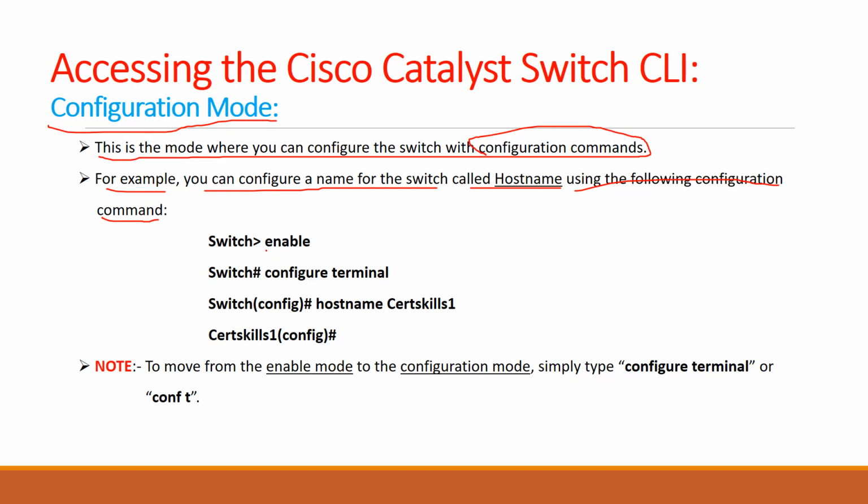First of all, type enable to move from the user mode to the enable mode. Then type configure terminal to move from the enable mode to the configuration mode. Then type hostname, space, and the name. The switch name will be changed.